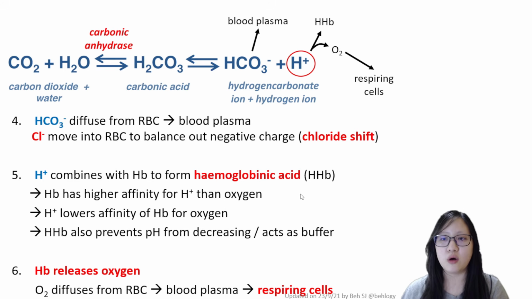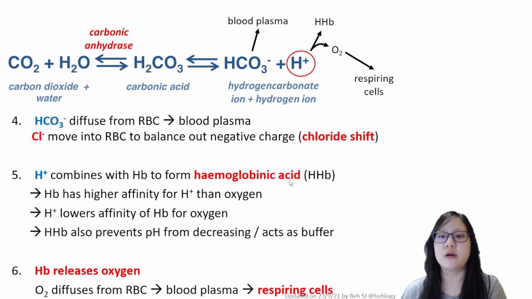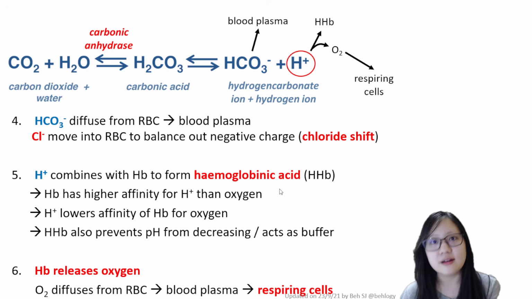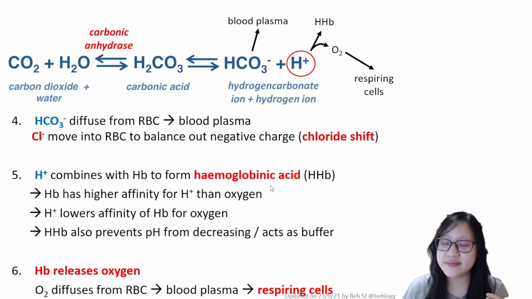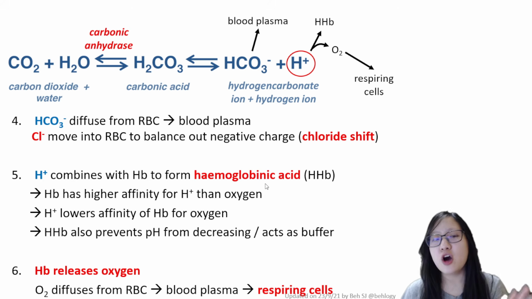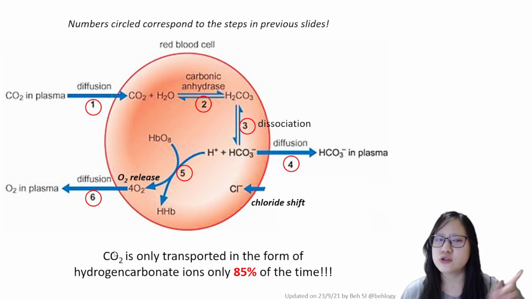So this causes the Bohr effect, Bohr shift, and that's how oxygen is released more easily to respiring tissue, which is what you want, which is the purpose of hemoglobin.